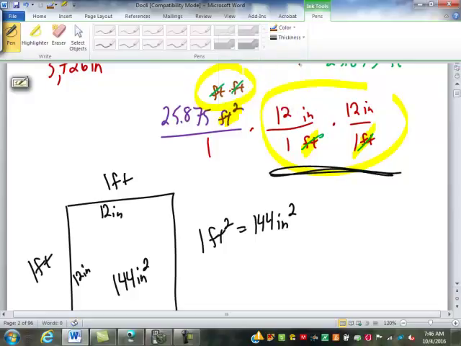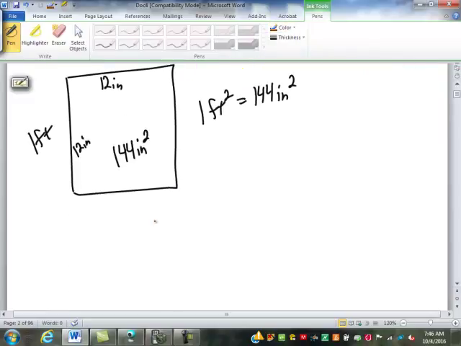So now with that in mind, if I give you 1 square yard, how many square feet do you think that's going to be? Well, 1 yard is how many feet? 3 feet. And you may hear the term linear yard. All that means is a regular yard. 1 linear yard is 3 linear feet. 1 yard is 3 feet. But this is squared.